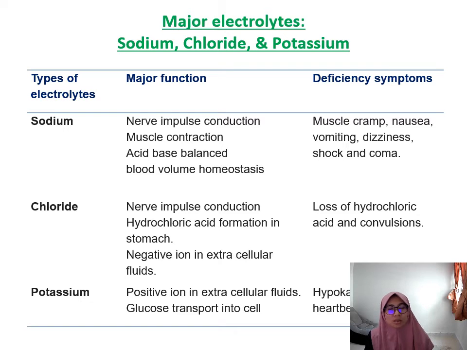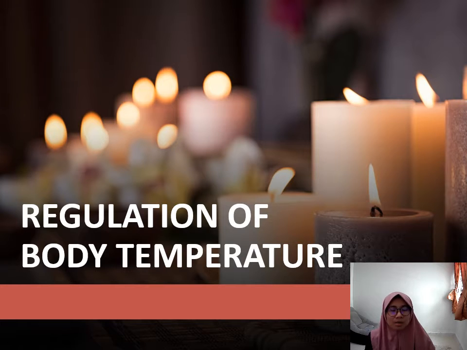It explains the major function of each electrolyte and the deficiency symptoms. For example, if you have less sodium in your body, your symptoms may include muscle cramps, nausea, vomiting, dizziness, shock and coma.